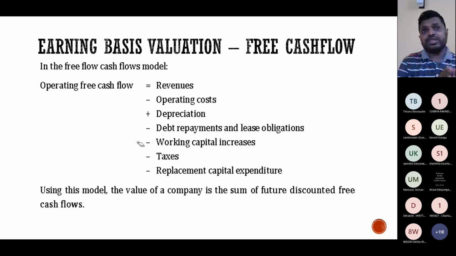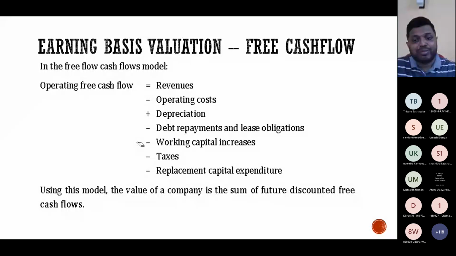In the examination, in most scenarios, they will give the operating profit, not cash flow. Then you have to make adjustments for depreciation and tax payments. Once you have done the adjustments, you can get the operating free cash flow.